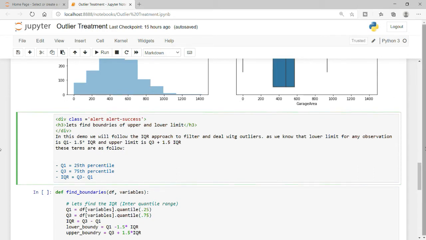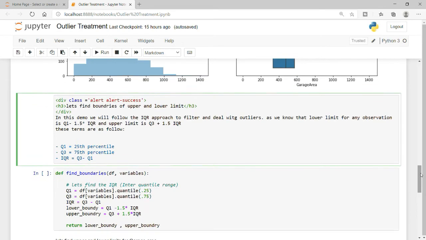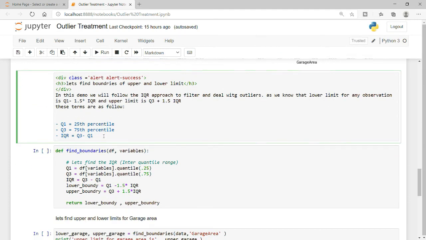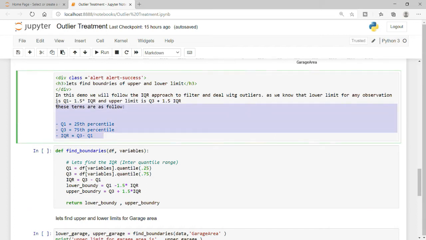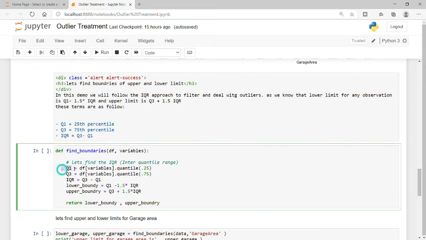So remember this. This is followed as a rule of thumb when treating outliers. We have now calculated our IQR, so now we can get our upper limit and lower limit. Again, I have written this function to show the understanding of what the process is. Here I have written a function where I have calculated the Q1.